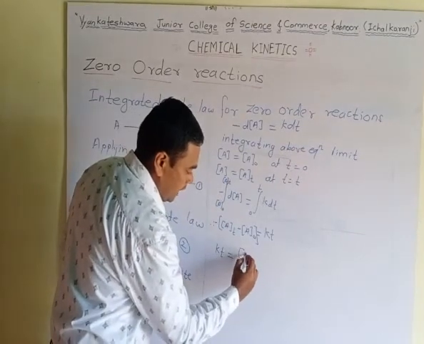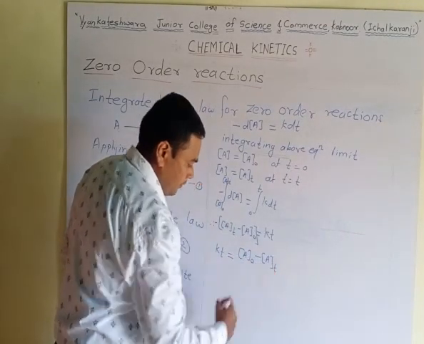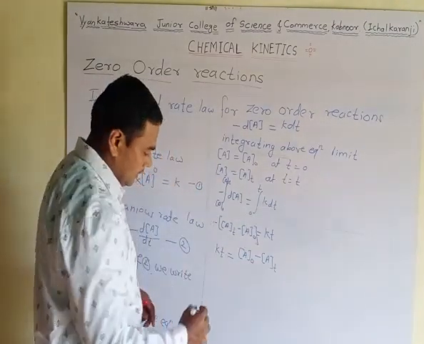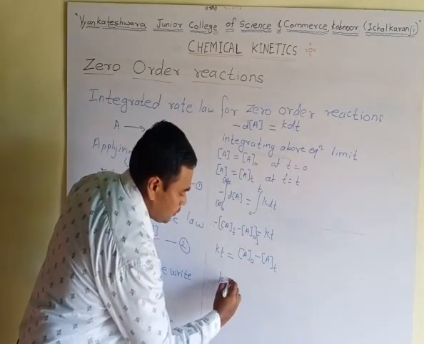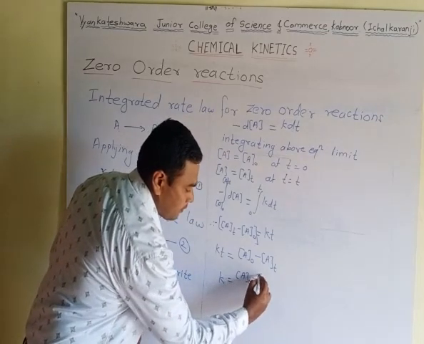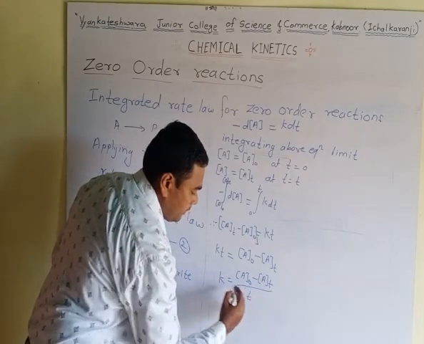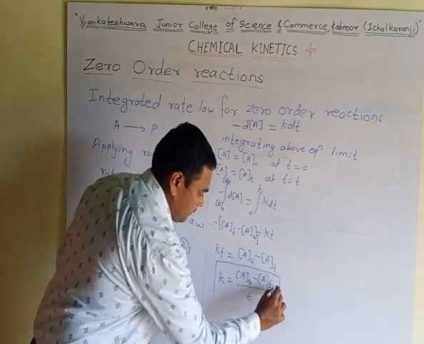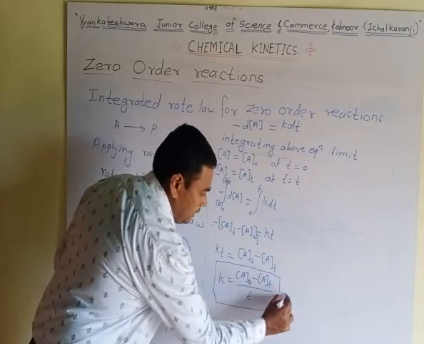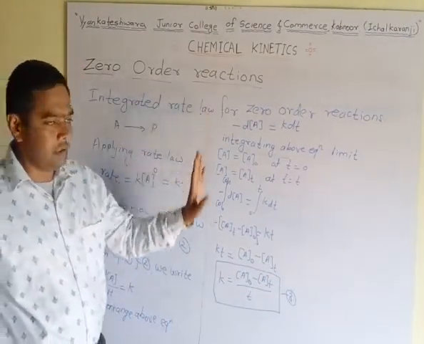Therefore, K equal to A0 minus At upon t. And this equation number 3 is the integrated rate law for zero order reaction.